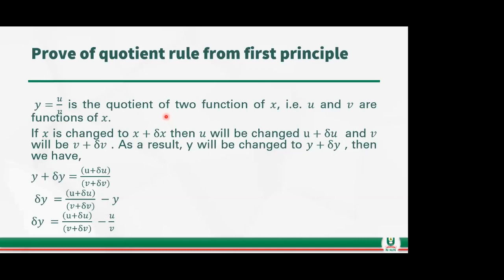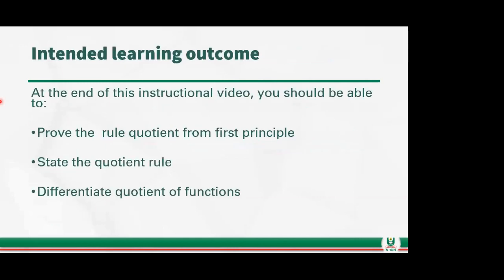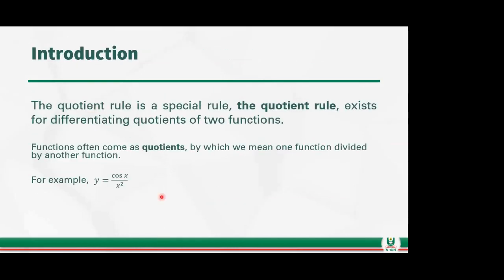Okay, let me start from here. The quotient rule is for differentiation of the quotient of two functions. A quotient function is one function divided by another function, for example y is equal to cos x all over x squared.